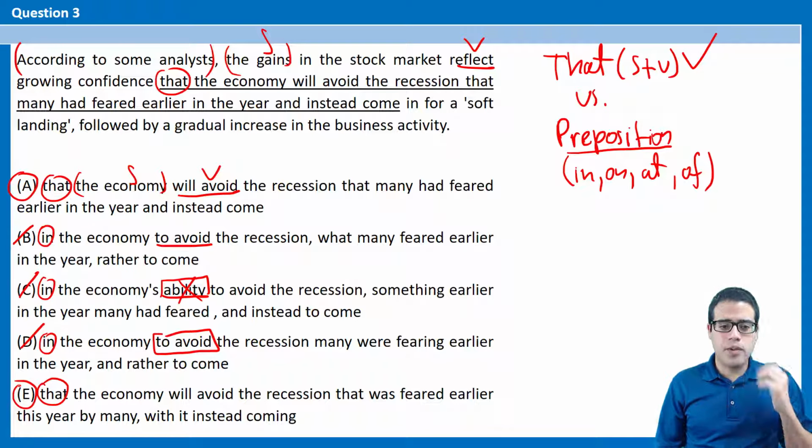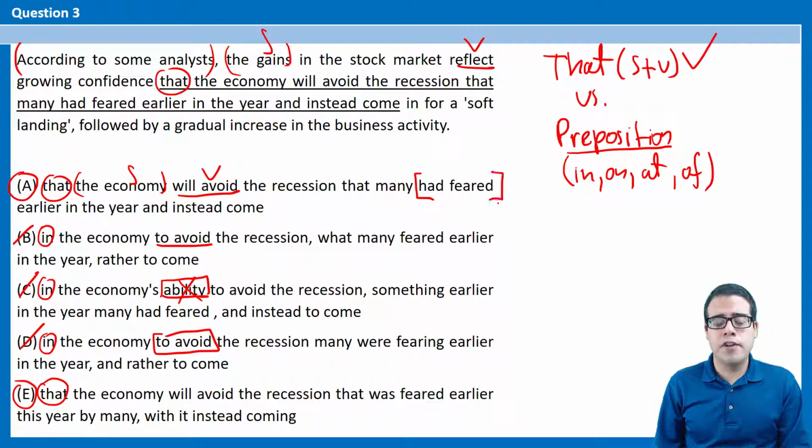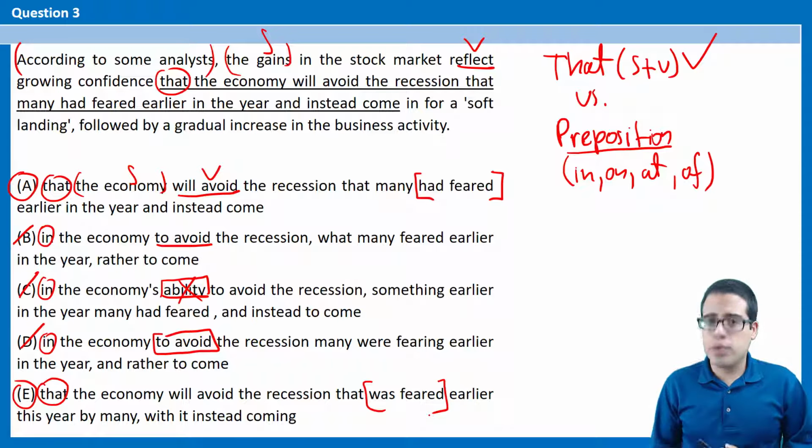Okay, so the big question is, can I use this past perfect had feared, or should I use was feared? Well, it depends. Actually, if you're referring to earlier this year, both could work. There is something else in this question.